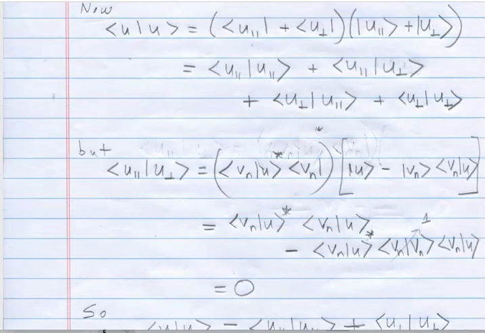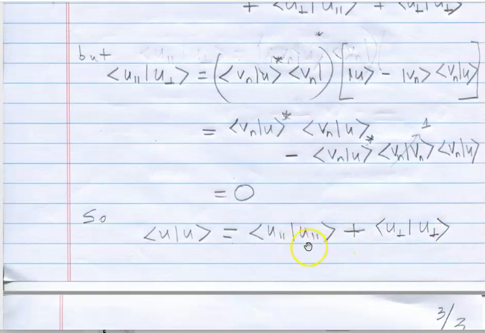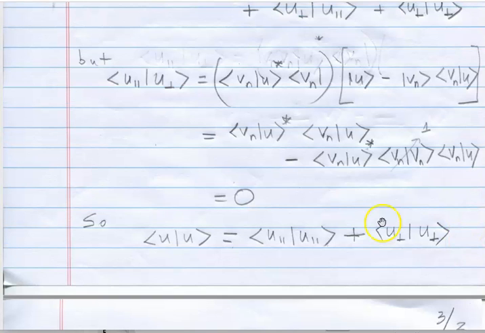So altogether, these two cross terms, this one here and this one here, vanish because U parallel and U perpendicular are orthogonal. And so I simply get these two terms for U, really the magnitude of U squared.